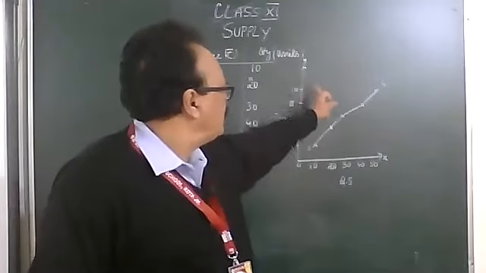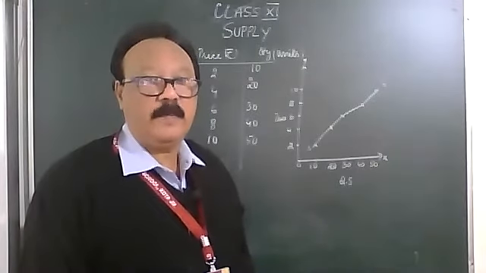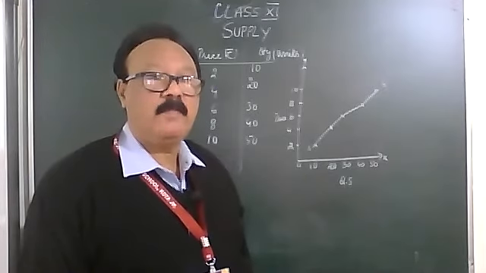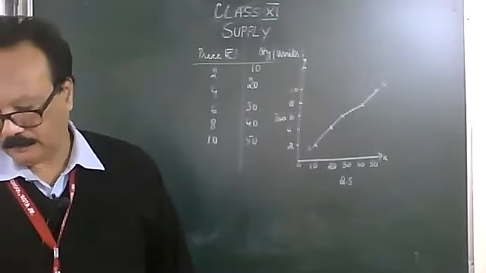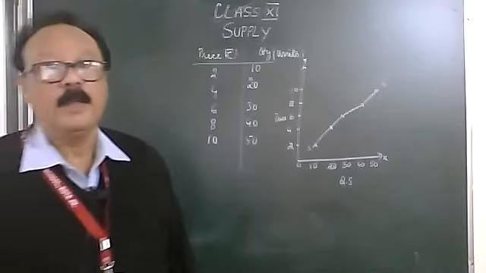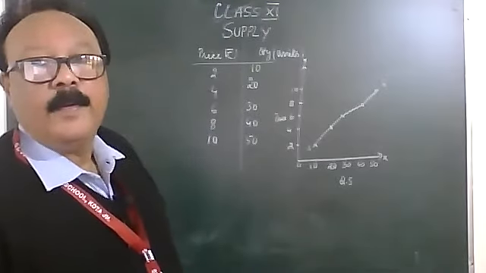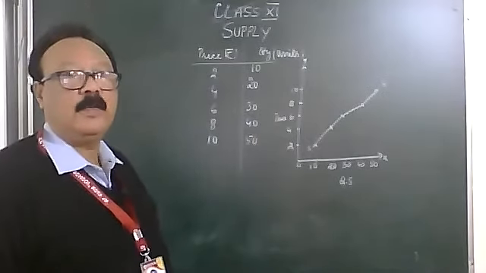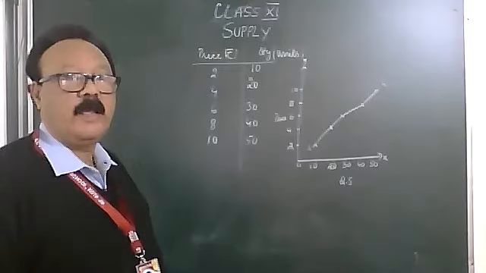That is why demand curve is downward sloping, whereas the supply curve is upward sloping. Please use your scale to plot them properly, you will get a straight line. Okay? Have you all plotted it in your copy? You must get a straight line.